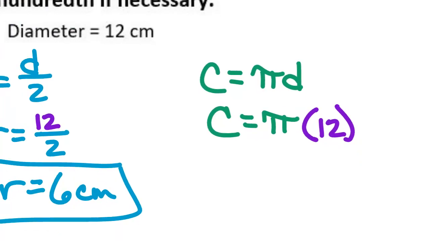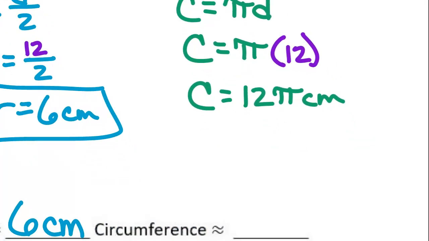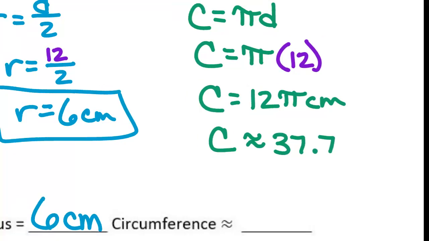If I wanted to leave this in its exact form, I would say 12 pi centimeters, but they asked us to round our answer, so I'm going to put 12 pi in my calculator, hit enter, and then how do you get it to show you the decimal? The arrows right above the enter key, those back and forth arrows. What is 12 pi in decimal form? 37.7 or 0.699.